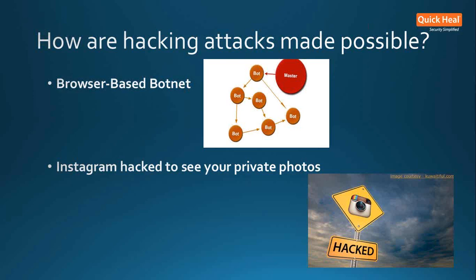The next one is Instagram hacked to see your private photos. Now, Instagram, as you know, is a very popular tool available on the Android platform as well as the iOS platform, where people share photos. Certain actions on Instagram's API were vulnerable to cross-site request forgery, or more popularly known as the CSRF attack.